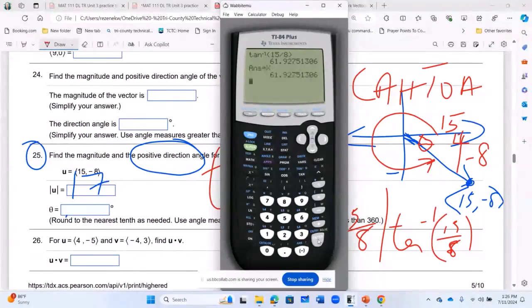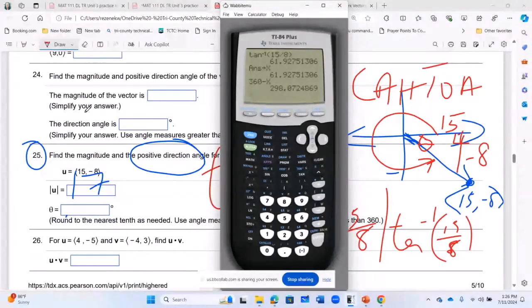The next thing I want to do is 360 degrees, because this is the fourth quadrant. So I'm looking for the angle in the counterclockwise direction, a positive angle, minus what I stored in my x. And so I have 298 degrees, to how many decimal places?